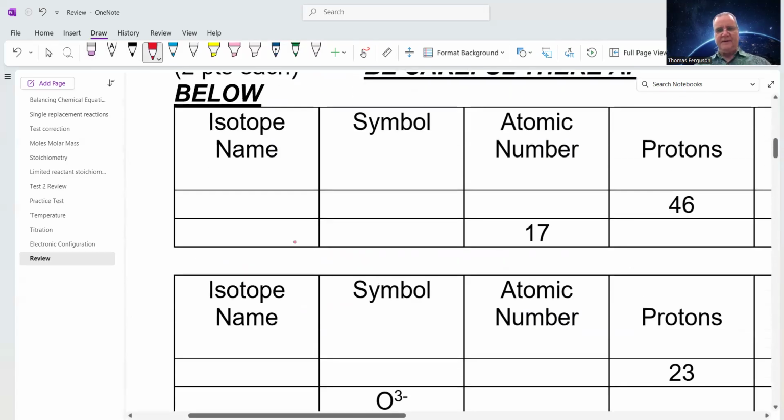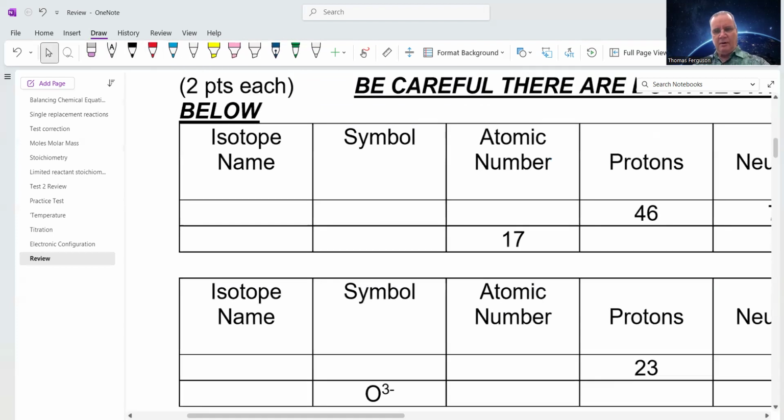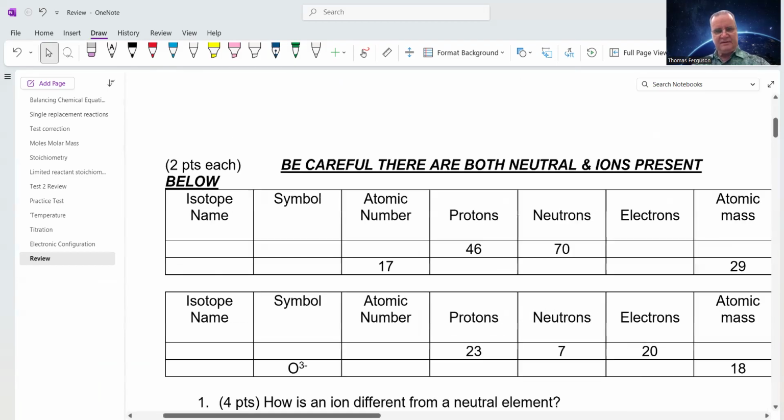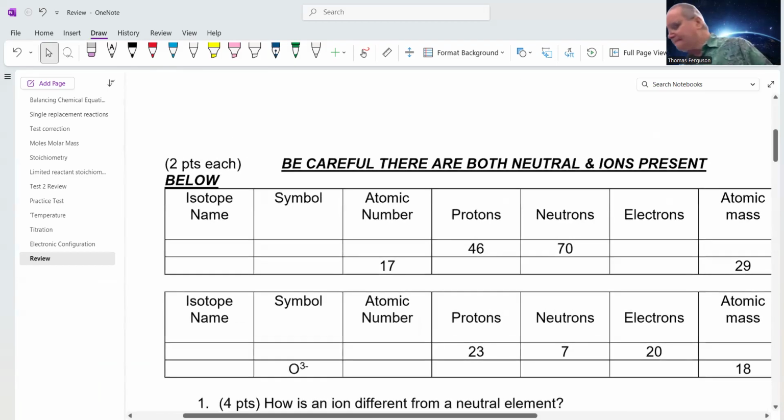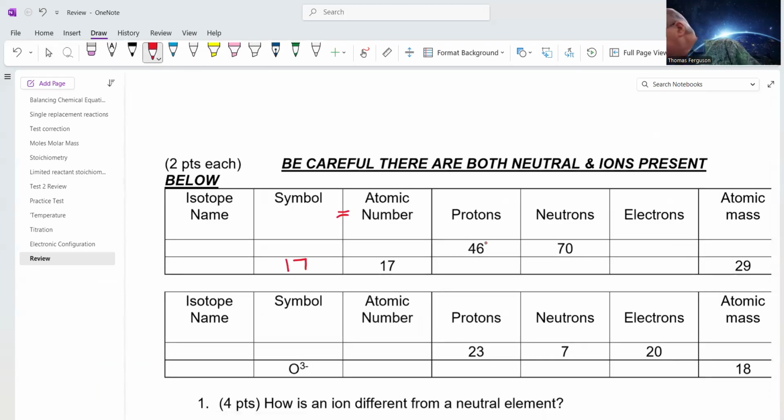Let's just start at the top. Atomic number 17. Remember, protons and atomic number are always equal, no exceptions. And that's 17. What element is element 17?